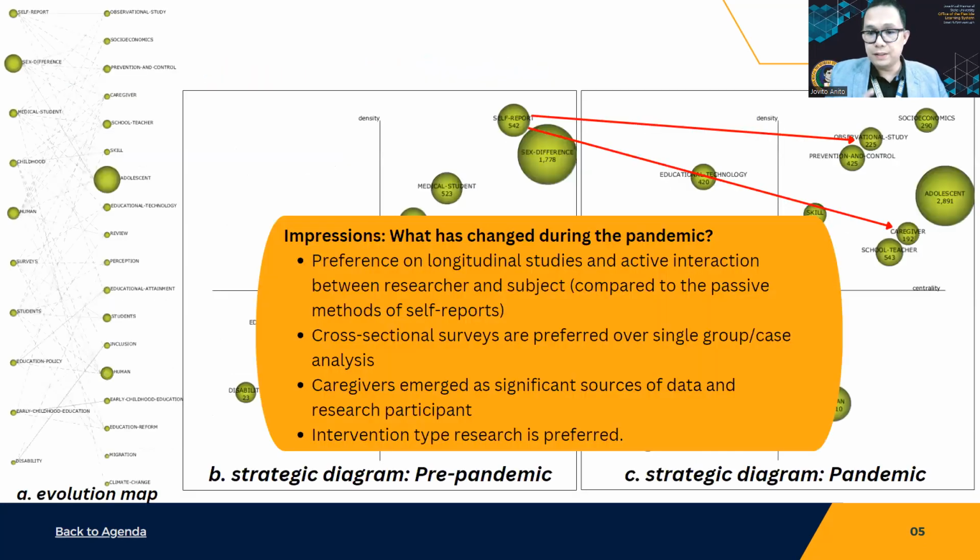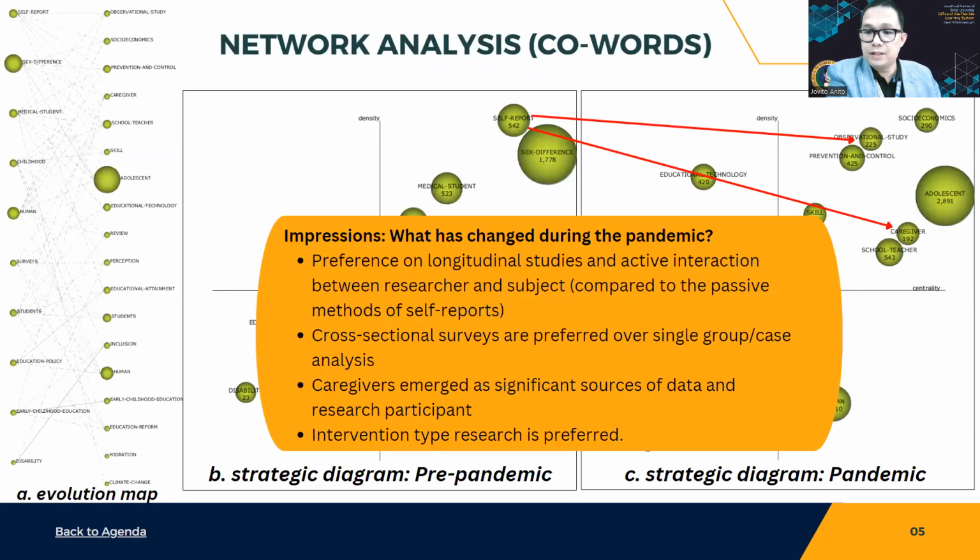Now we look specifically at the different domains and the movement of the domain. So in this case, if you look at the left side of your screen, we have here the relationship of self-report to other parts. We can find here that in the pre-pandemic period, self-report is in quadrant 1, but it breaks into several other concepts.